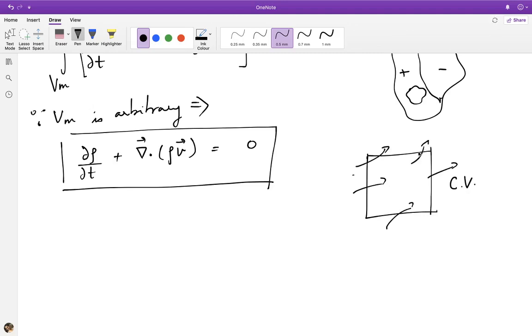As the fluid moves, I fix my attention on this fixed volume, which I'm going to call V control. I can then integrate this equation over the control volume: the integral of partial rho partial t, plus the second integral, if I use the divergence theorem, will become an integral over the area of the control volume, rho V dot n.